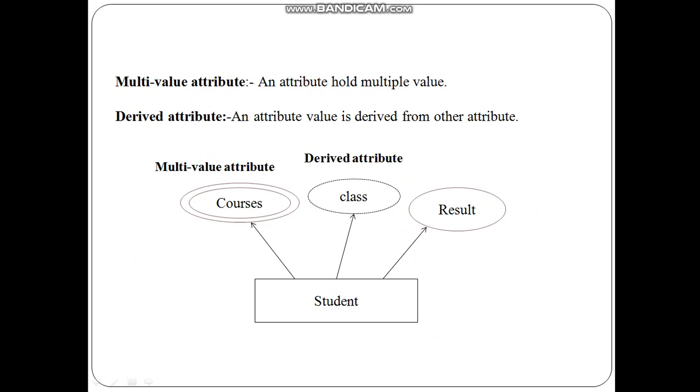If the result is pass, then the student can enter the next class. Means if a particular student is in 8th or 10th, and the result is pass, then the student can enter the ninth class. This is how the derived attribute works.